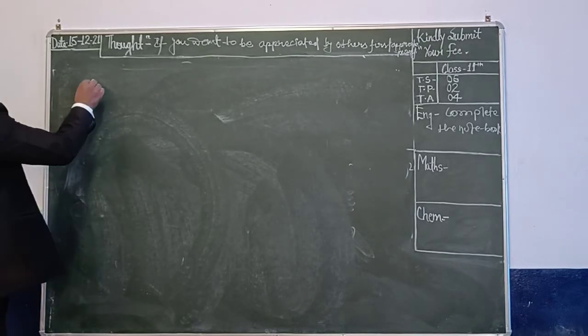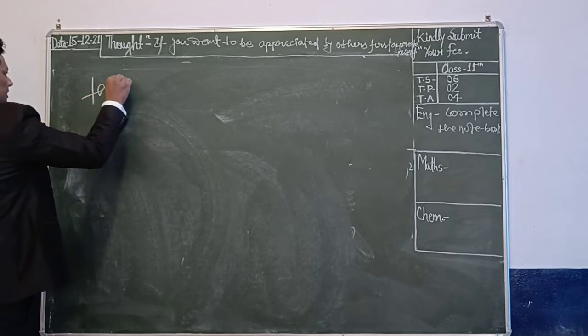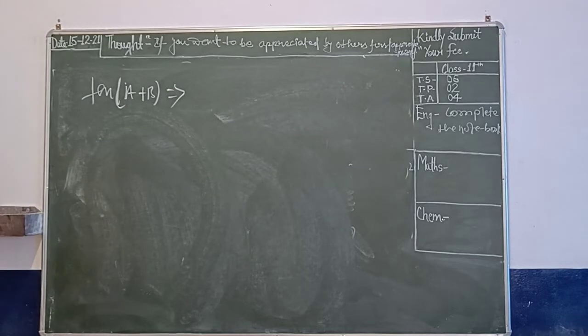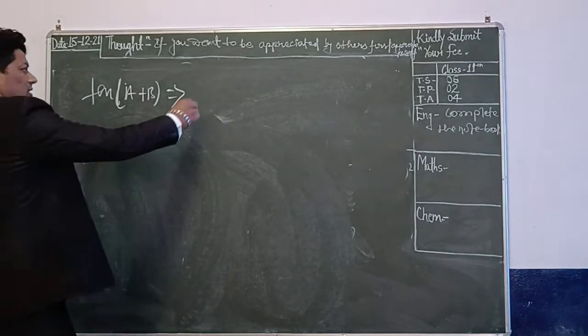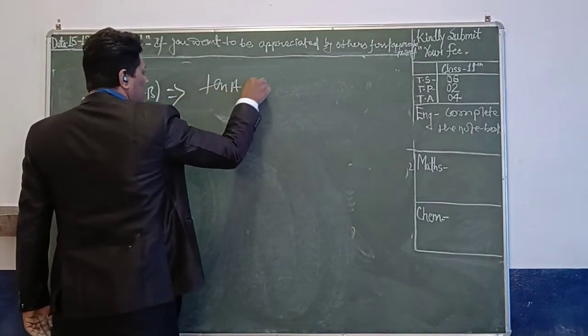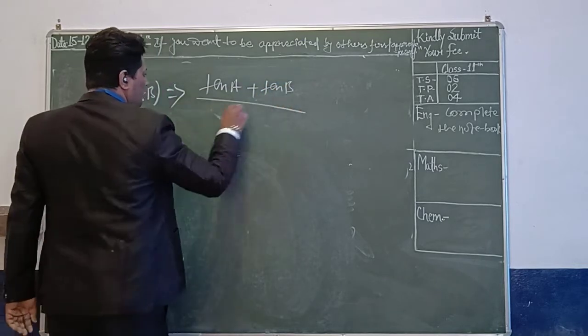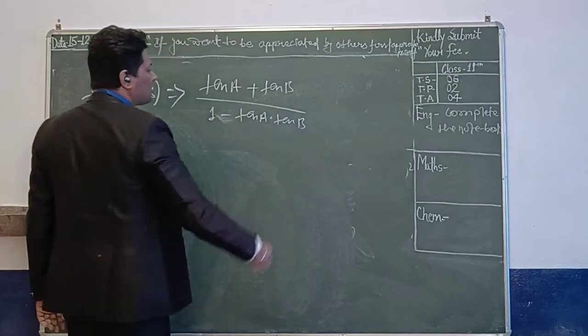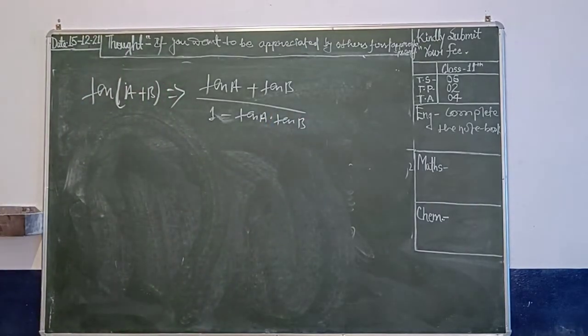We have to prove tan A plus B equal to tan A plus tan B over 1 minus tan A into tan B. Is it clear? We have to prove it.